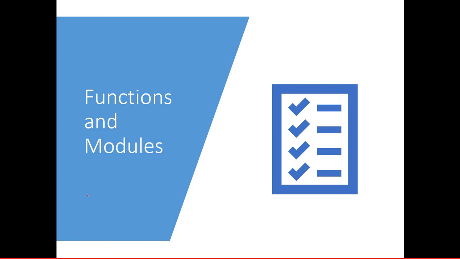Now sometimes we want to write our own functions for two purposes. One thing is we want to reuse it. Sometimes if you want to do the same thing again and again, you can create a function, right? So let's look at how we can write functions in Python.